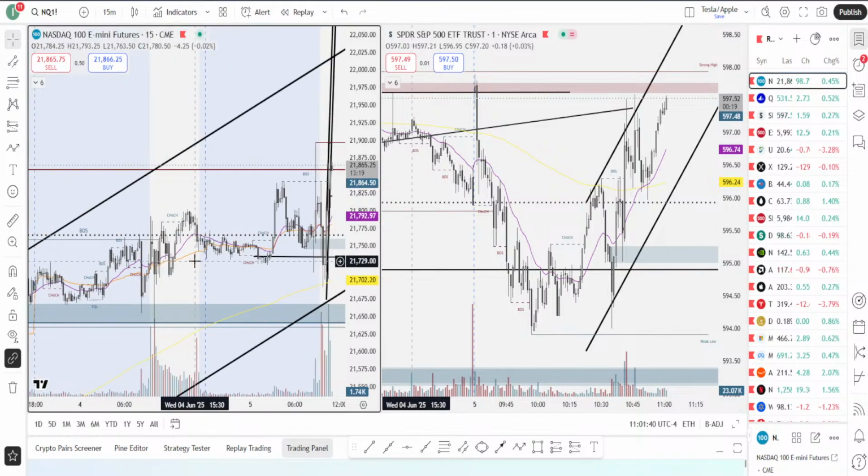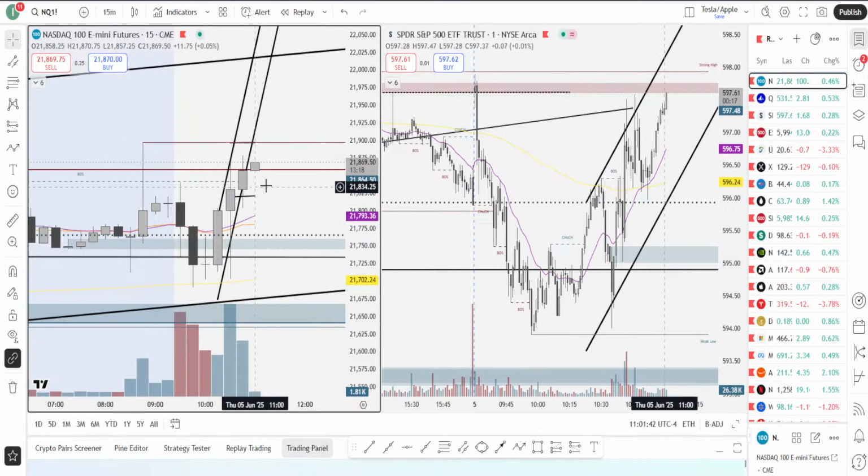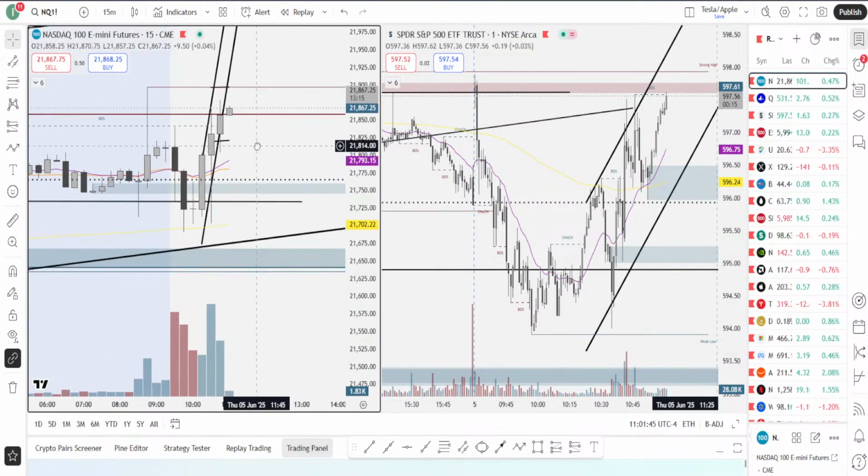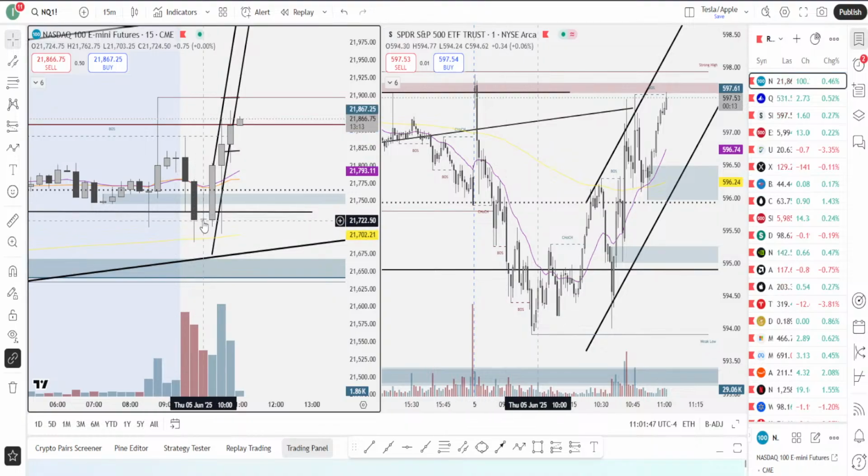Can she go higher, guys? That's the question of the day. The 50-minute time frame is looking very bullish here.